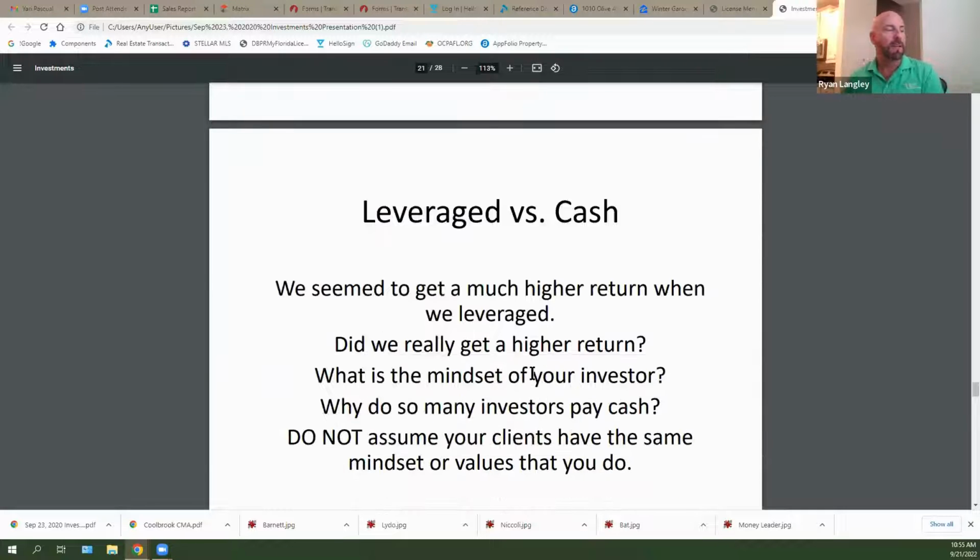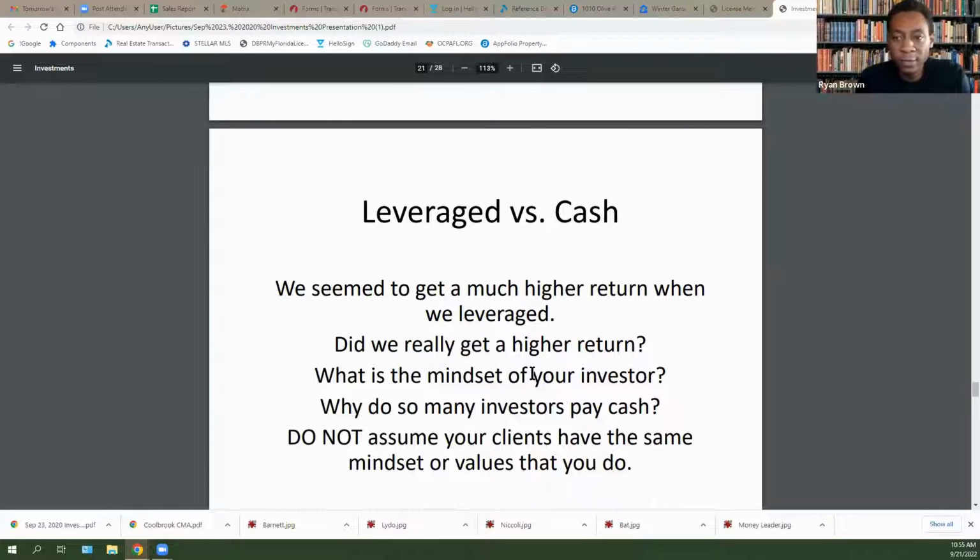All right. So leverage versus cash. Buying this leveraged versus buying it cash. We seem to get a much higher return when we leveraged. Did we really get a higher return? In one way we got 34,000, the other way we only got 15,000. So we didn't get anywhere close to the same return.